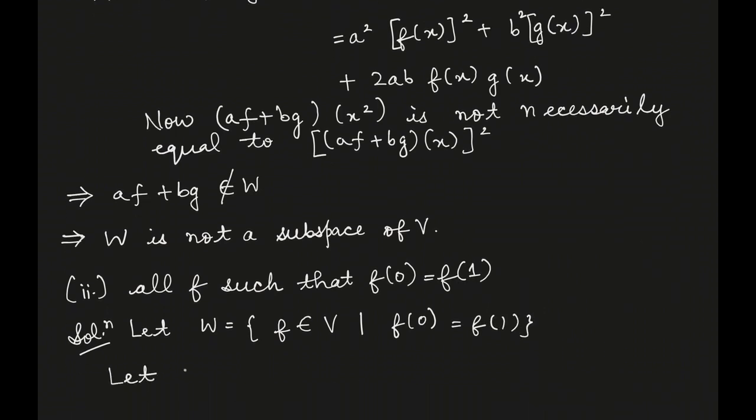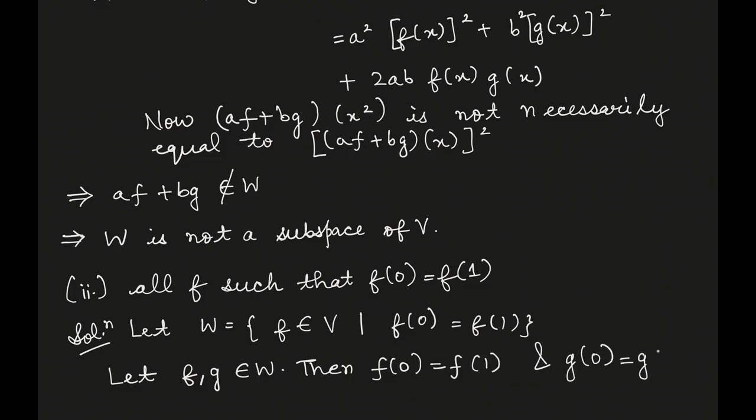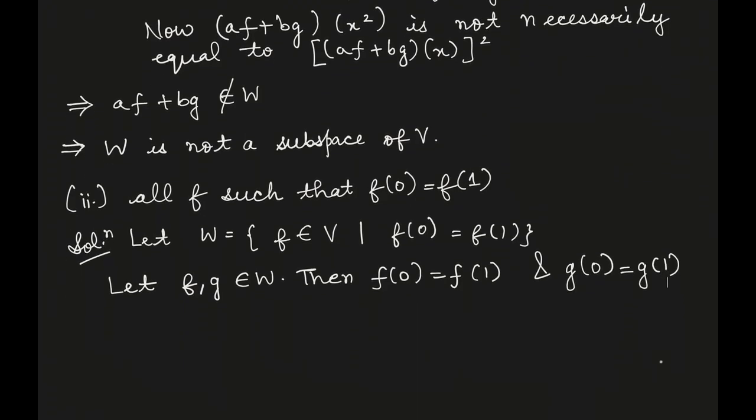I will take two members of this W, then f(0) is equal to f(1) and g(0) is equal to g(1), and two scalars from the field real.